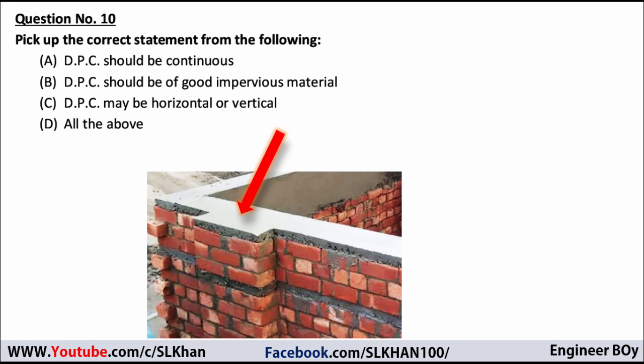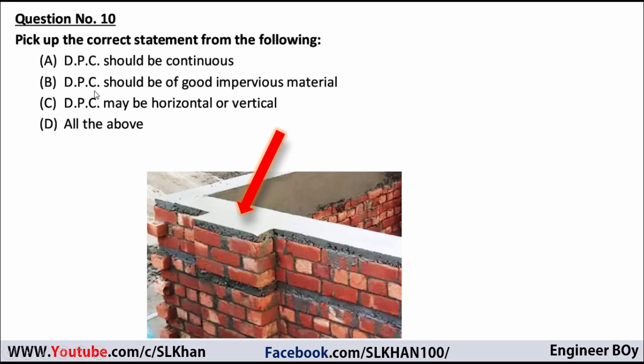That's correct, because there must not be a break in the DPC. When we provide a break in the DPC, we are making room for dampness to enter the structure. That's why option A is the correct statement.